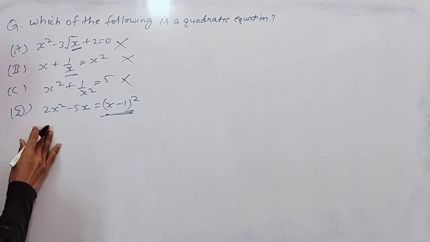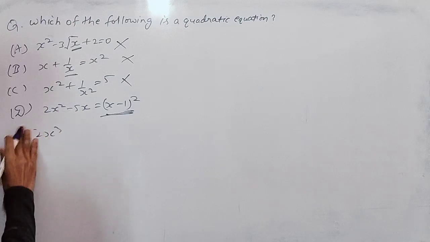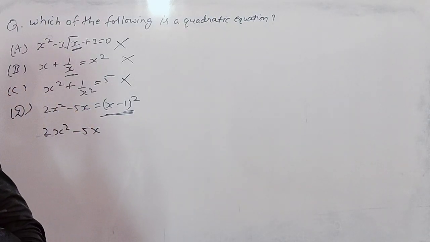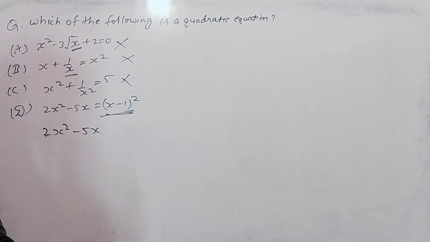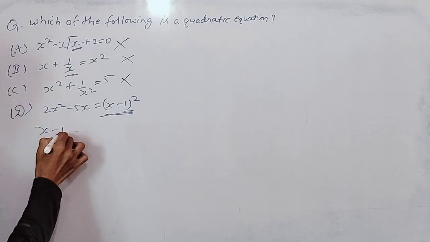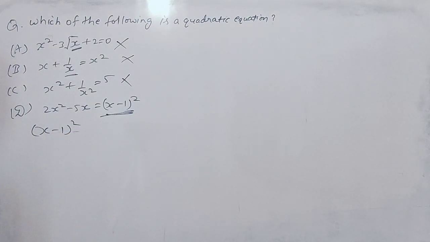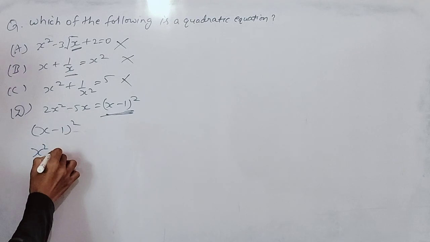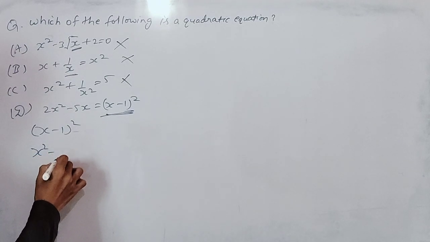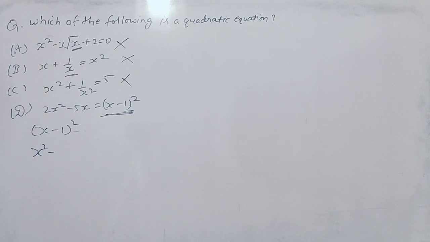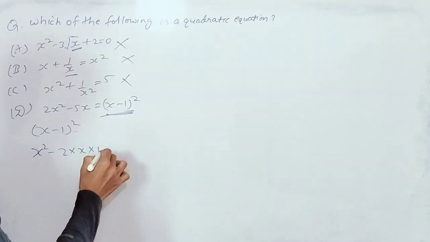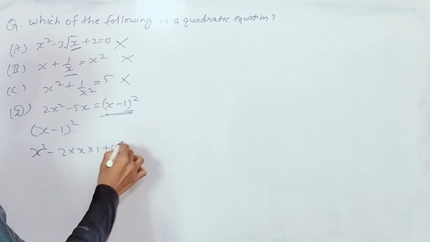Then 2x square minus 5x. So only x minus a, minus b square, a square minus 2ab plus b square.